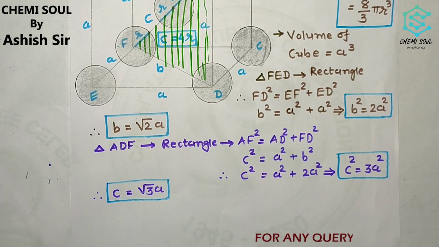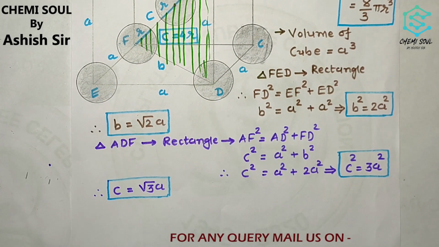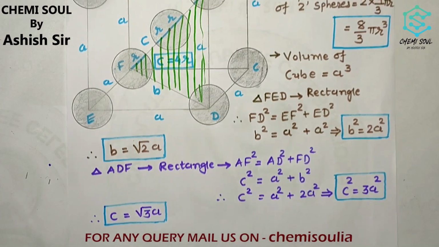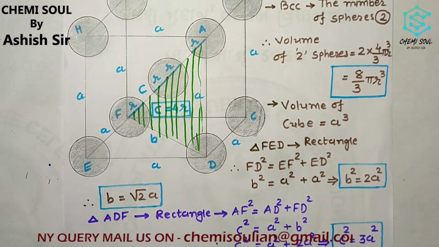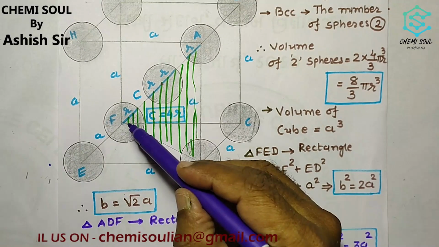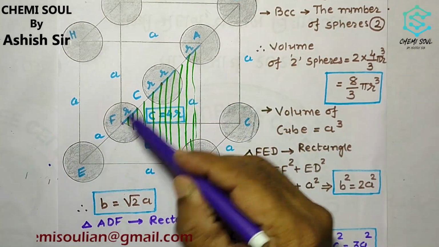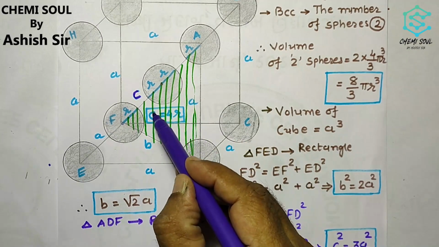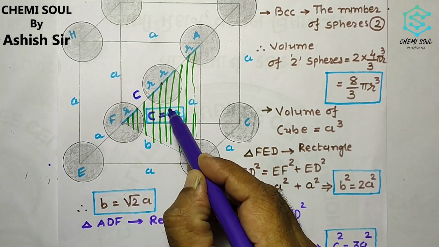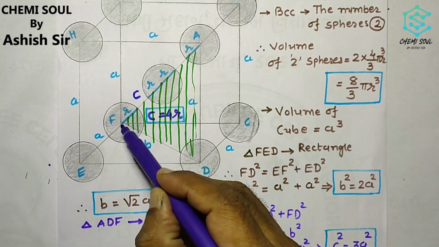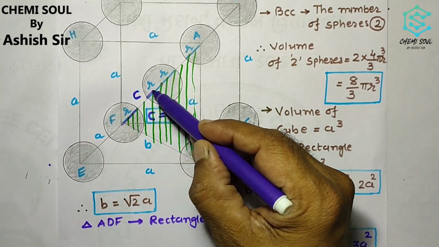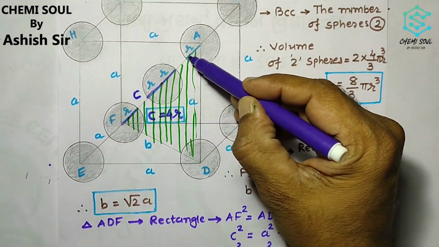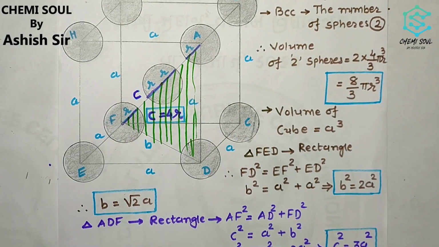Now look at this figure: FA is equal to c, and c is equal to 4r, because radius 1, radius 2, radius 3 and radius 4 are accommodated over here.